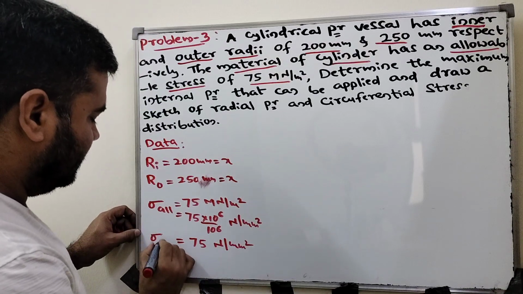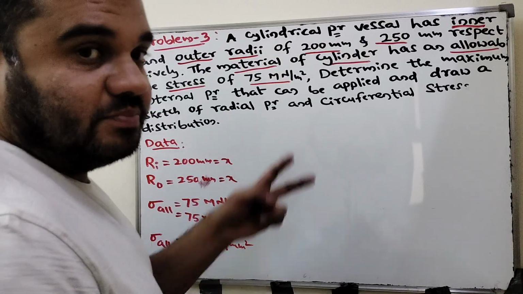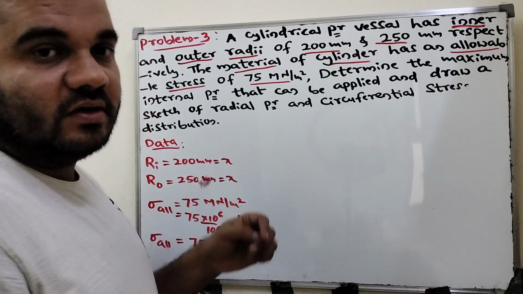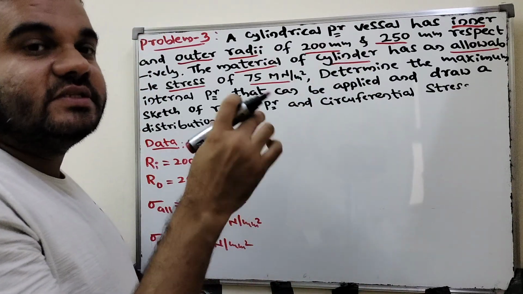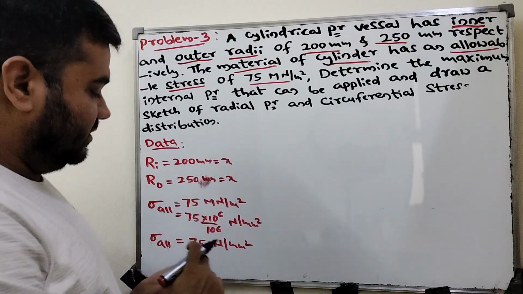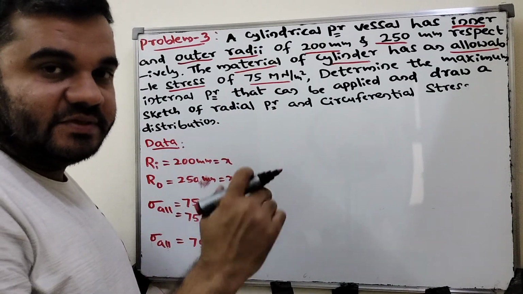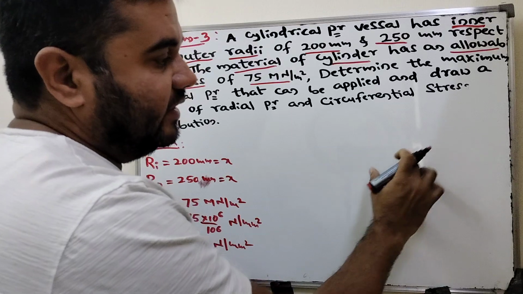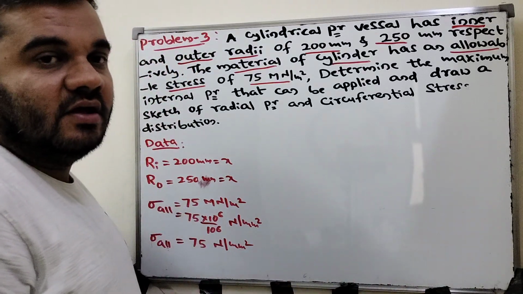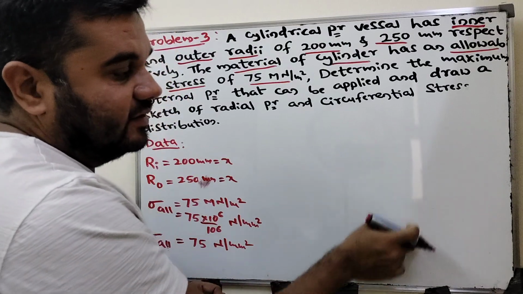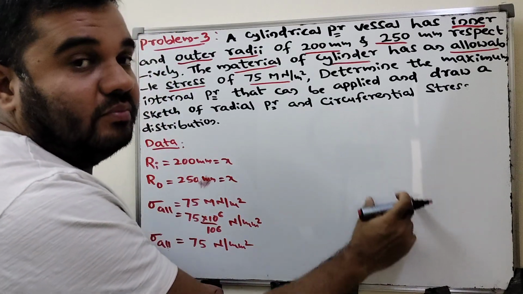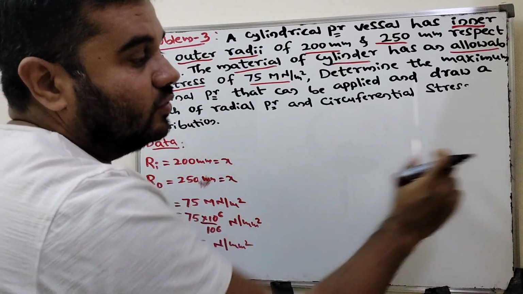That is sigma allowable. Now, as in the previous two problems we solved, for the inner radius and the outer radius, in which wall is the stress more? Based on what we calculated and sketched, the inner wall of the cylinder has more circumferential stress compared to the outside.